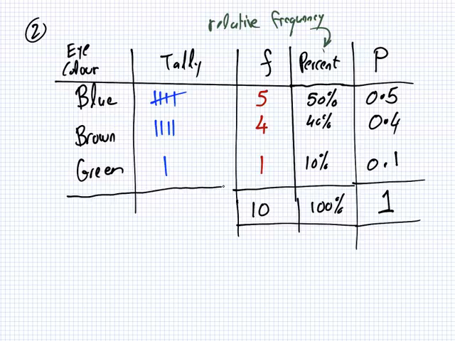Eye color obviously doesn't have a total. You can't total eye color. You could total up tally, but really that doesn't make too much sense here because you have a total here.